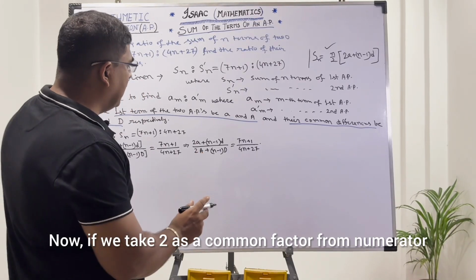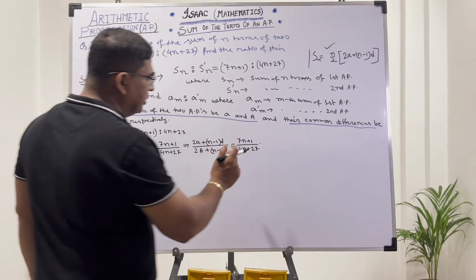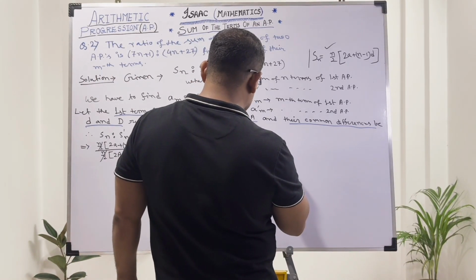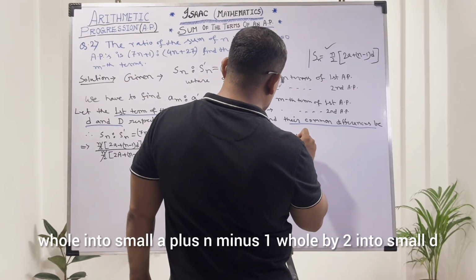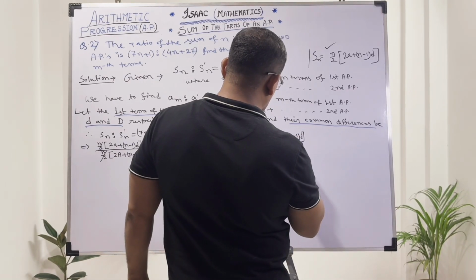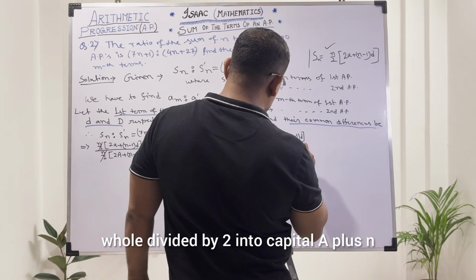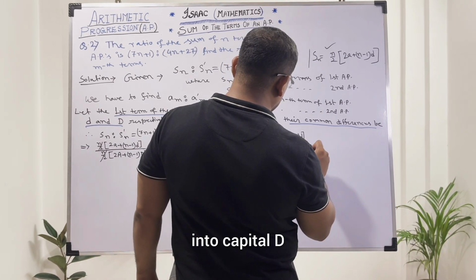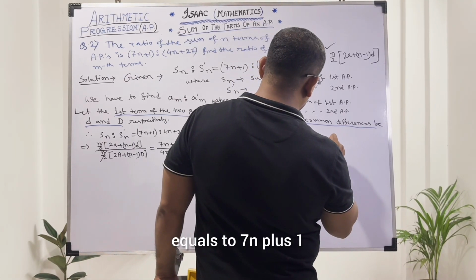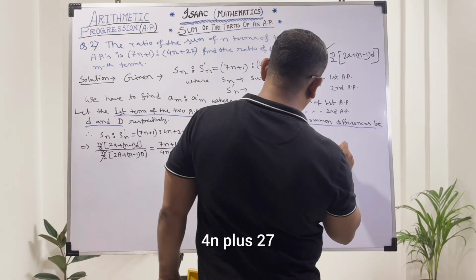Now, if we take 2 as a common factor from numerator and denominator also, then we will get 2 into small a plus n minus 1 whole by 2 into small d divided by 2 into capital A plus n minus 1 whole divided by 2 into capital D equals to 7n plus 1 divided by 4n plus 27.